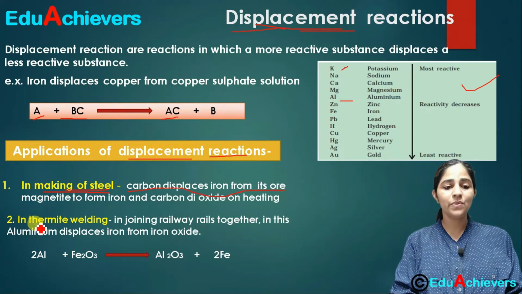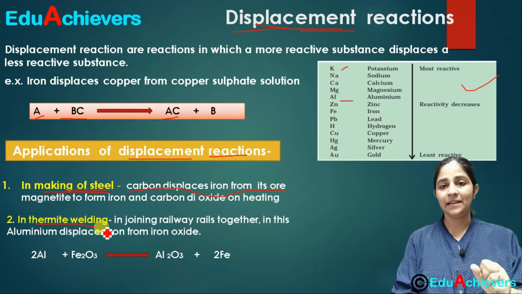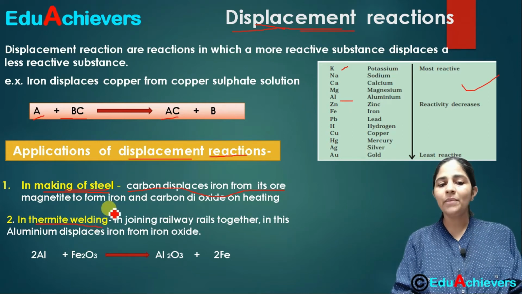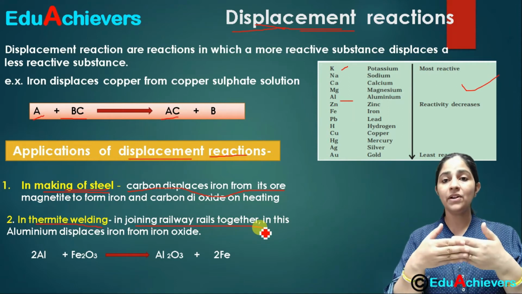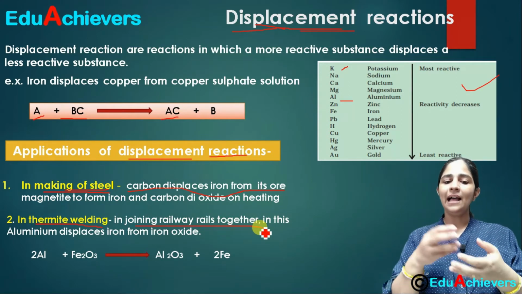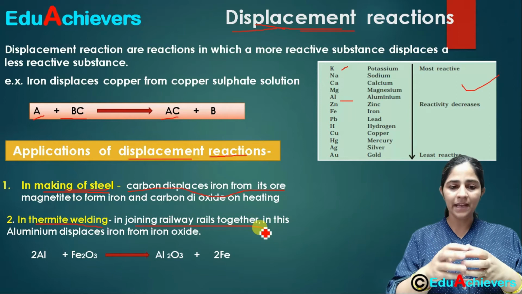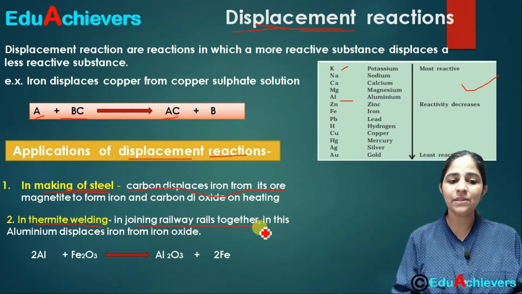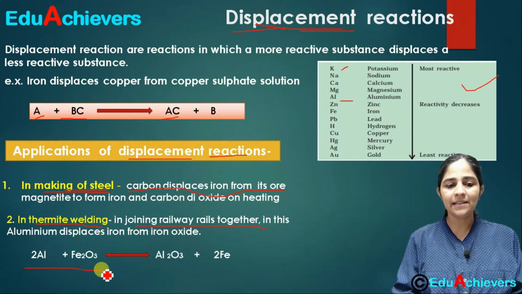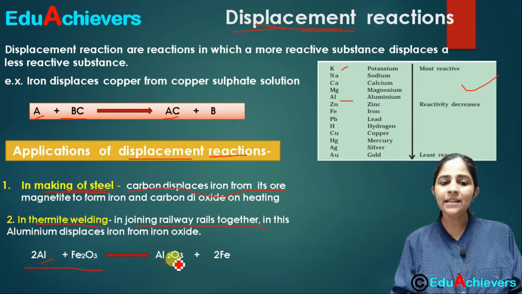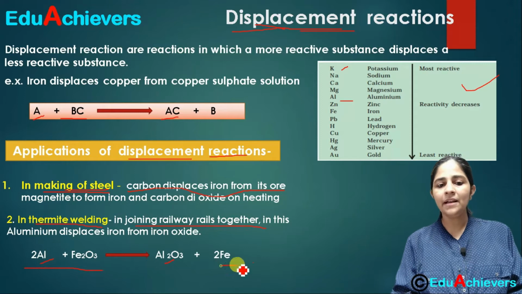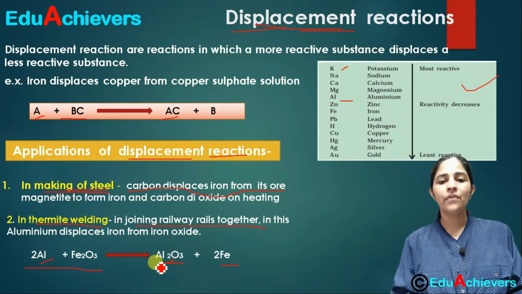Second, it is also used in thermite welding, where normally it is used in joining of railway tracks. When the railway tracks are joined, then aluminium and iron oxide, Fe2O3, these two react together, and this aluminium replaces the iron, and this iron is separated and Al2O3 is formed.